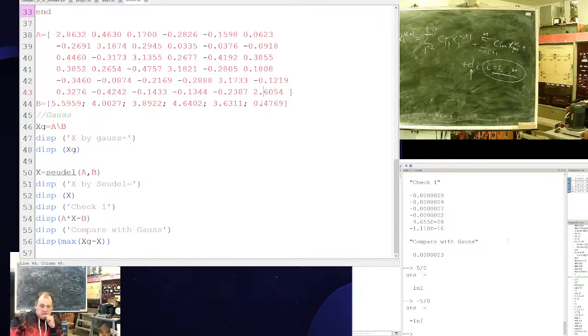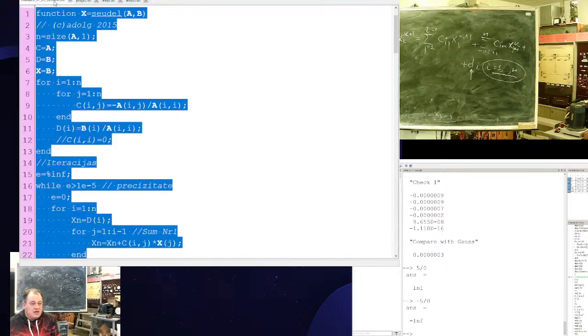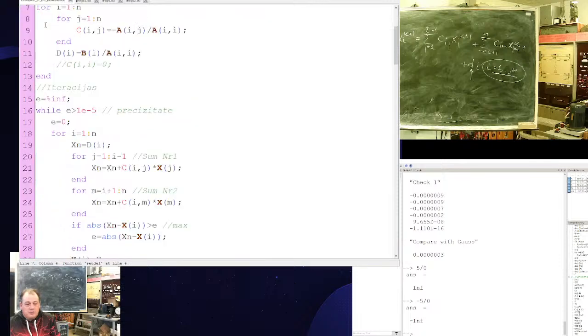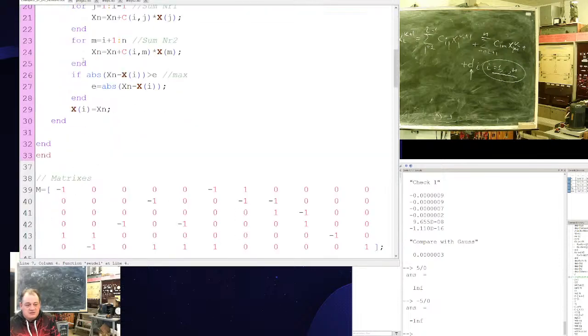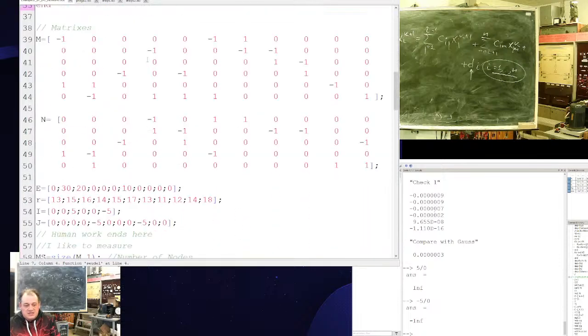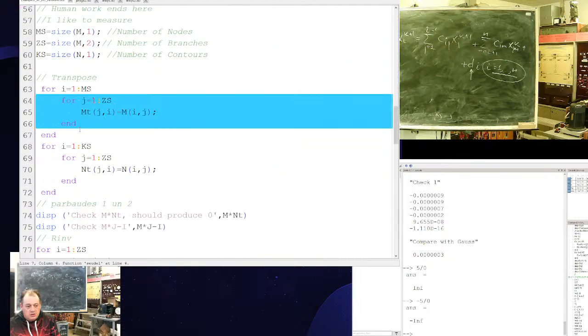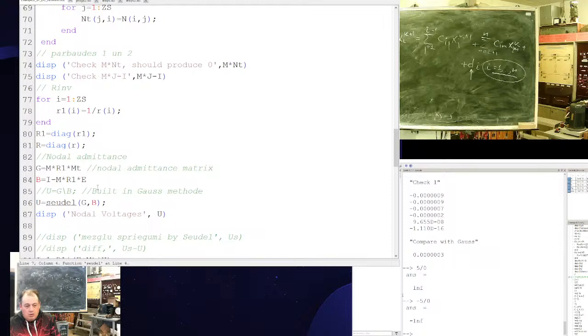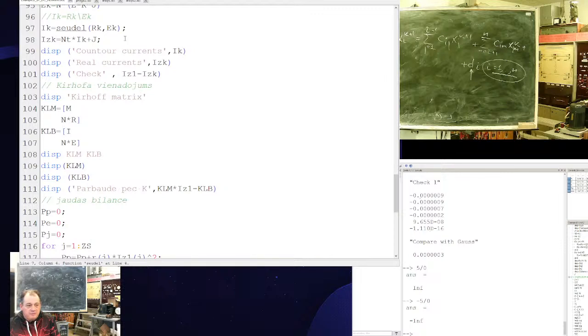This is a matrix of a special type. Here I have a DC network. This program solves a DC network. It's for the next time. Here is the whole solution of the DC network. It produces voltage.